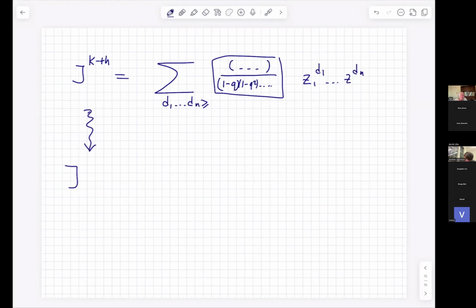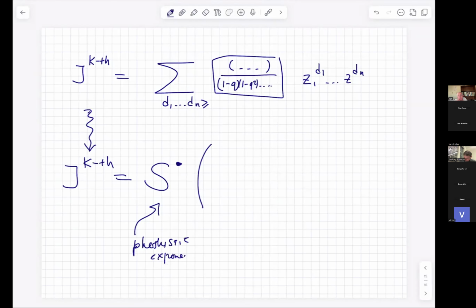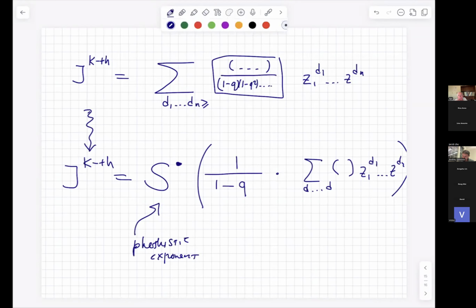We can write this J function as a plethystic exponent of something like 1 minus q times some power series in z, with some coefficients, but the point is that these coefficients will already be regular at roots of unity, so there are no poles.